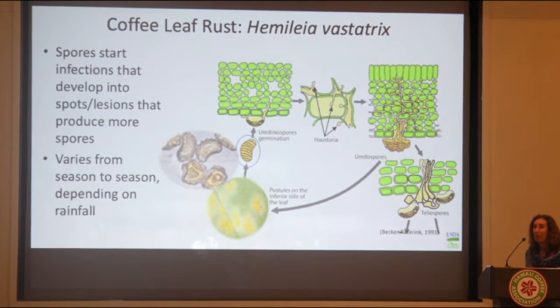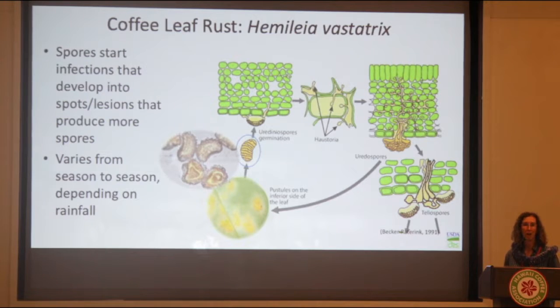So coffee leaf rust is the disease caused by the obligate parasitic fungus, Hemileia vastatrix. Well, that seems fancy. What kind of fungus is it? It actually needs the living host to survive, and coffee is its only host.